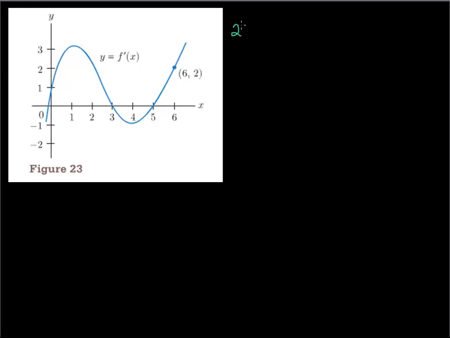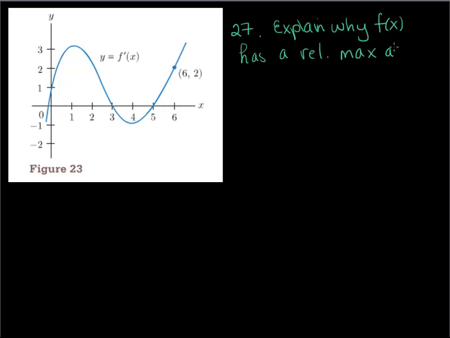So number 27 says in your book, explain why f of x has a relative maximum at x equals 3. Okay, so at x equals 3, now people, look at this.